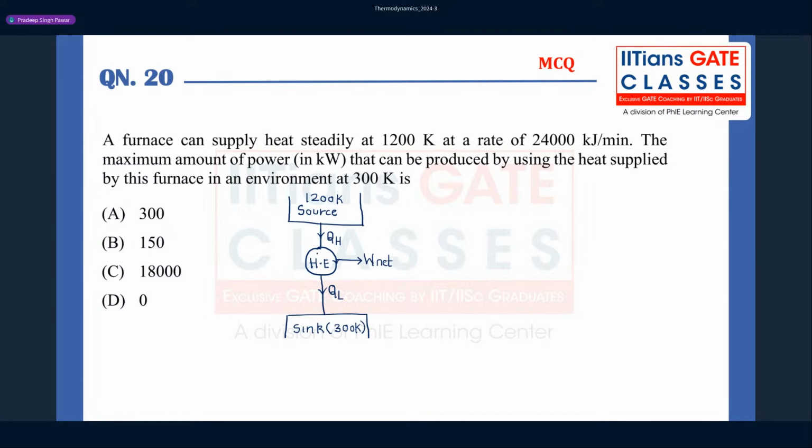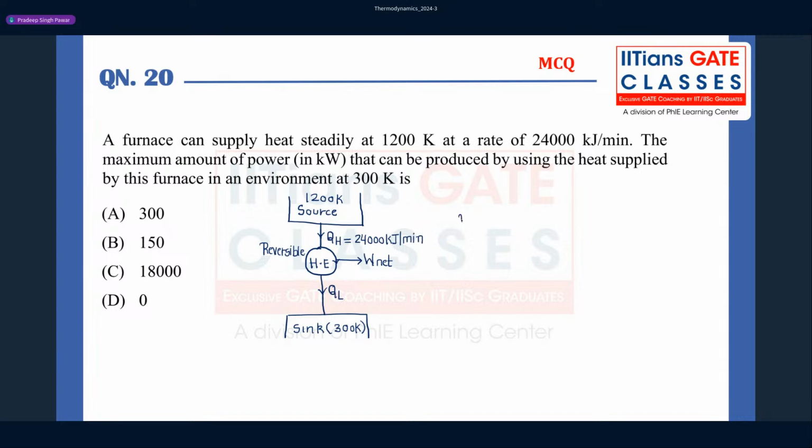Since the question is asking about the maximum amount of power, the cyclic heat engine that we are considering here is basically a reversible heat engine. And what is given to us is the heat that is supplied from the furnace is 24,000 kilojoule per minute.